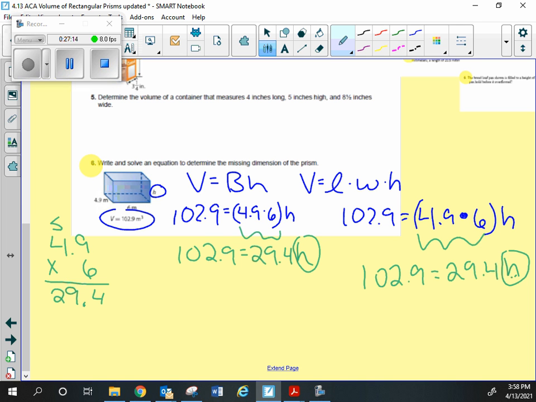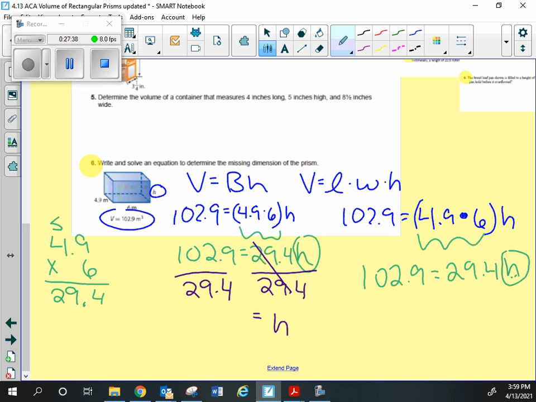It's getting multiplied, and how do we undo multiplication? Division. I would need to divide both sides by 29.4. Hopefully you're starting to see that these are all sort of connected. This gives me H by itself, and then I have to do that math.